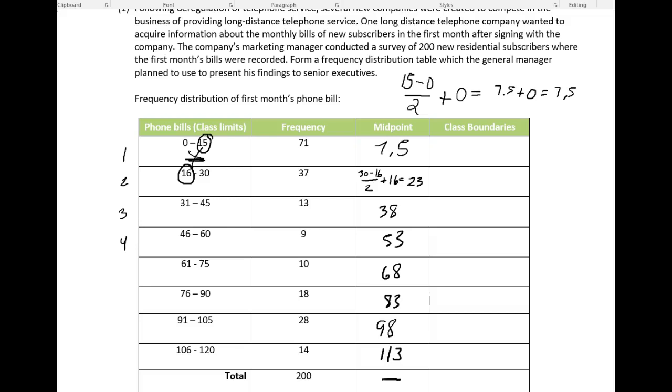So these would be tied together, and these would be tied together. You'll see what I mean here in a second.